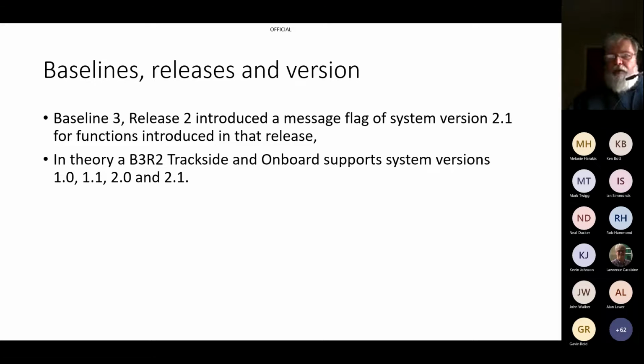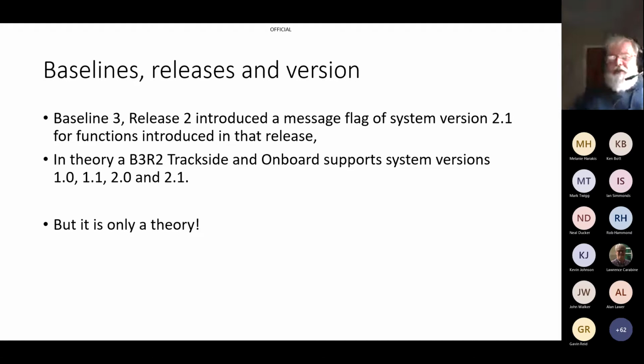It also doesn't help, as you've probably noticed, that baseline 2 is system version 1.0 and baseline 3 is system version 2. It would just be so much easier if the same numbers applied. The other thing is that this is all theory. It's a theory that you can have either the trackside or the onboard at any of these versions and that they can work together.